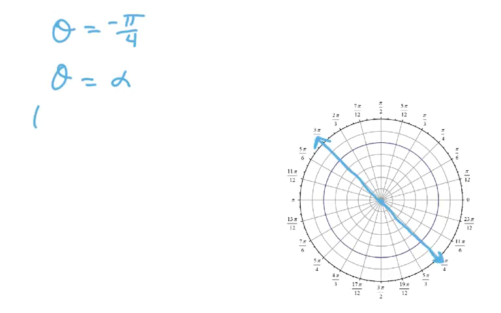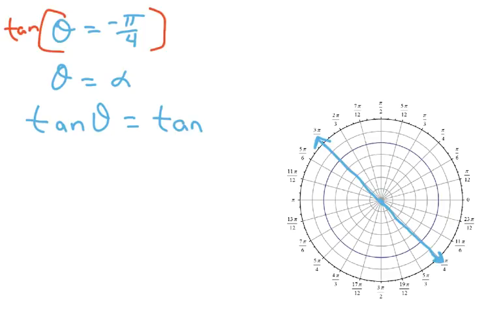So I'm just going to write tan of theta equals tan of negative pi over 4. I'm taking tan of both sides. That's basically what you're doing. So we know tan of theta is y over x, and we know that tan of negative pi over 4 is negative 1.